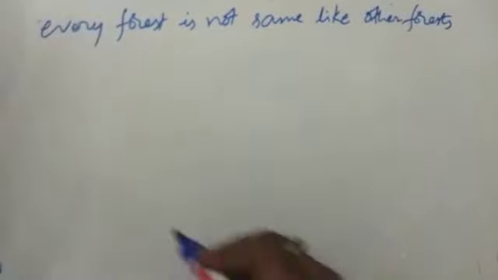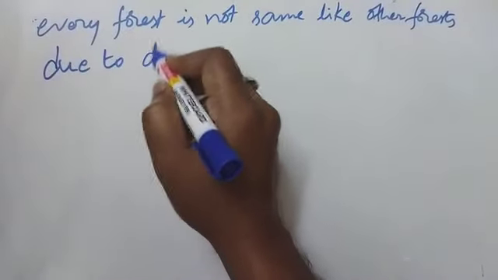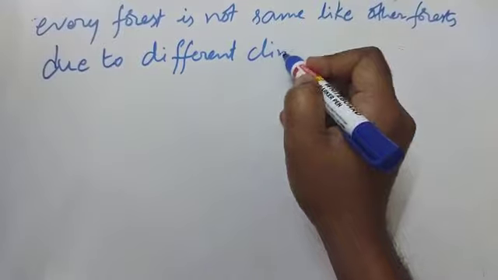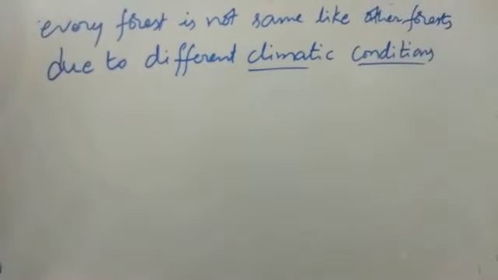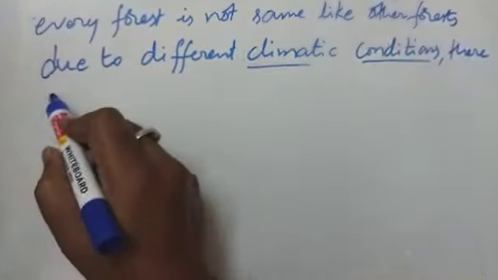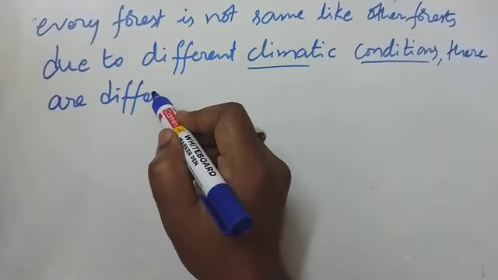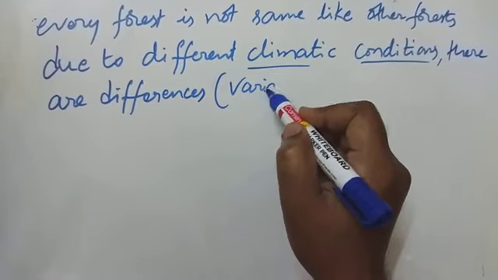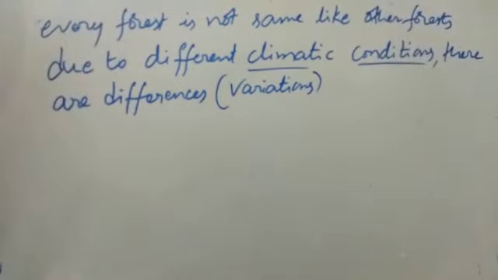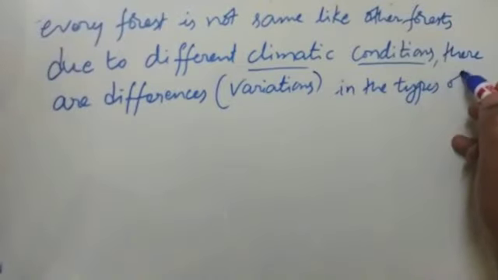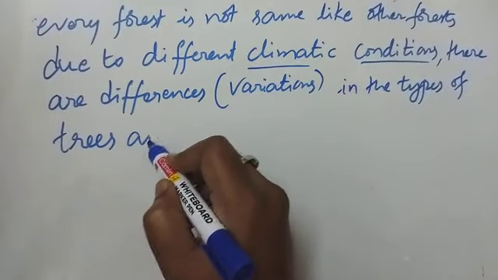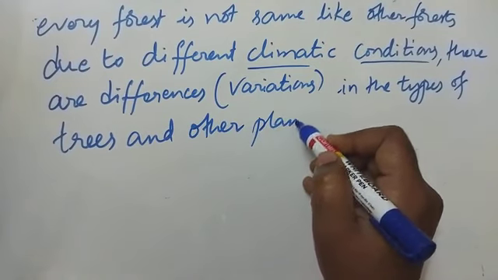There are differences, also called variations, in the types of trees and other plants.